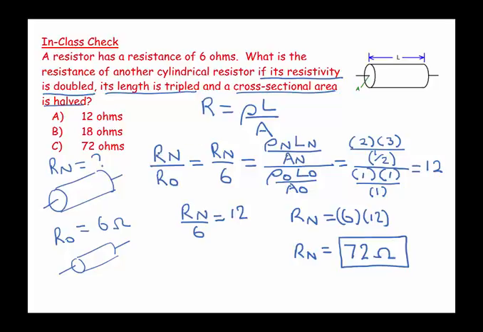And then because I'm writing in complete sentences, because I have something equals something, I don't just have a whole bunch of math. I am not going to forget, which is probably the most common mistake that people make, that R new over 6 is equal to 12, and I'm not going to put down that R new equals 12.